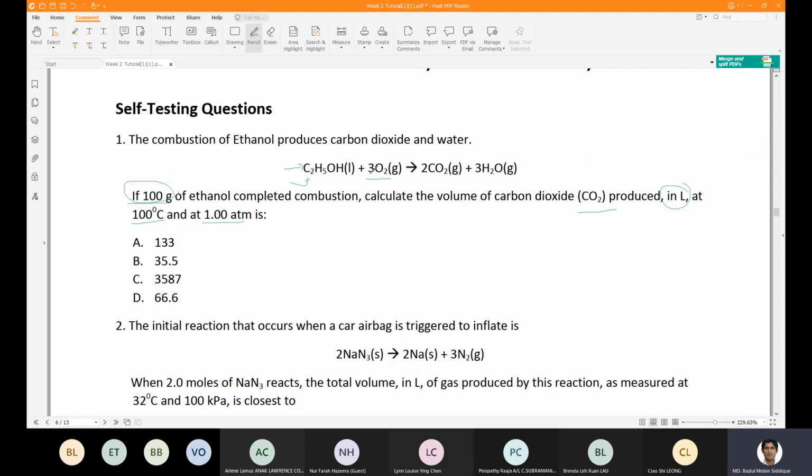Now we see that here there are 2 carbon, and here there are 2 carbon. Here 5 hydrogen plus 1 hydrogen, 6 hydrogen, and here 3 times 2 is 6 hydrogen. There is 1 oxygen plus 3 times 2, 6, so 7 oxygen. On the other side, 2 times 2 is 4 oxygen, and then 3 oxygen here, so 3 plus 4 is 7.